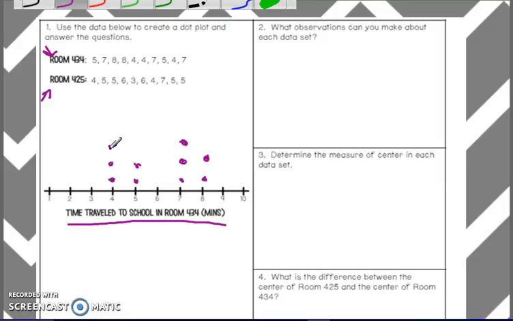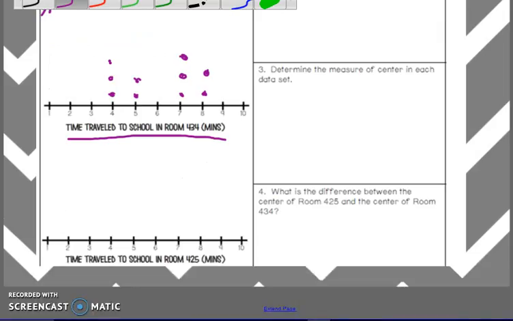That's a dot plot. So now we're going to do the same thing, except we're going to do it for room 425. Now the data doesn't fit on my screen, but if you look at your paper, room 425, one person had 4, 2 people had 5, one person had 6, one person had 3, another person had 6, another person had 4, a person had 7, and 2 more people had 5.